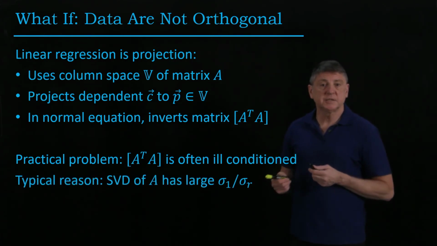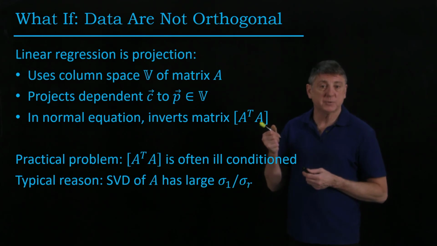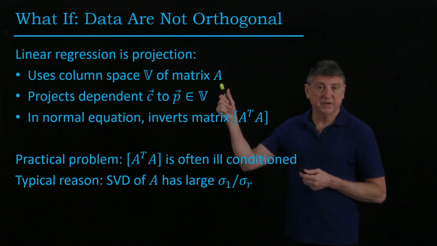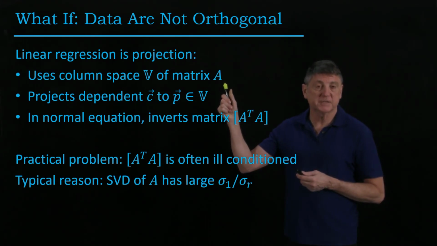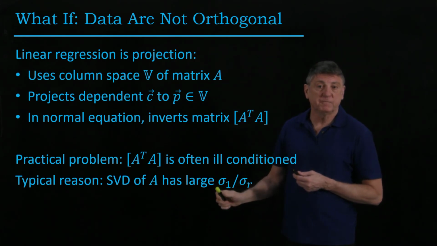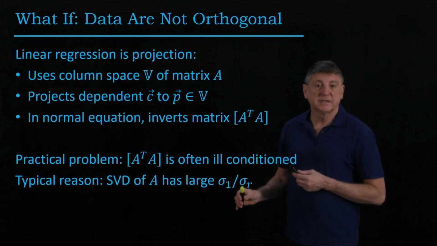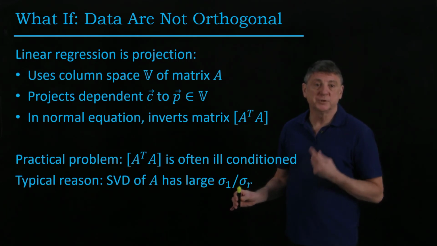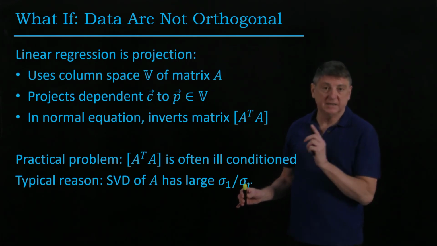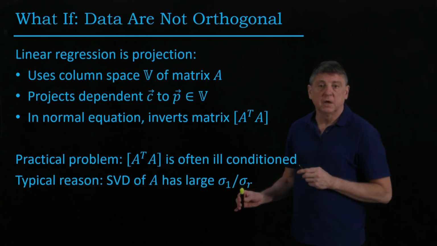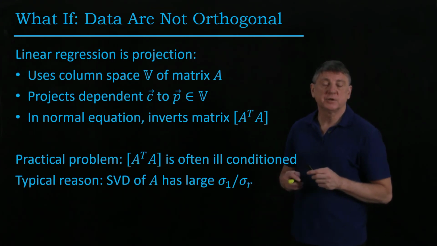By ill-conditioning, what we mean is if we go back to our original data matrix and we take the SVD, we find that the ratio of the first singular value and the singular value that denotes the rank, which is usually n for n columns, is a very large number.